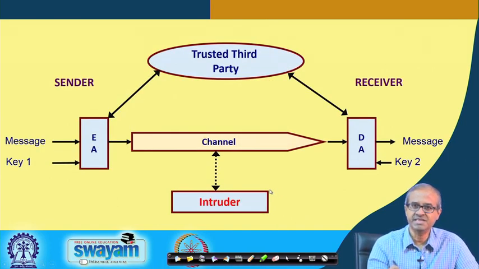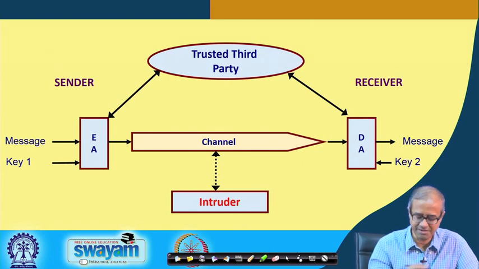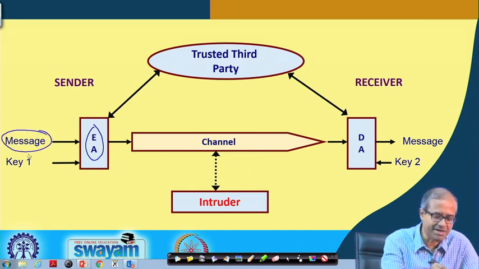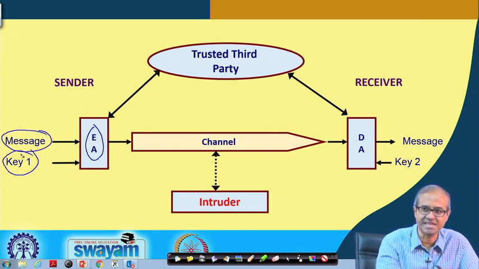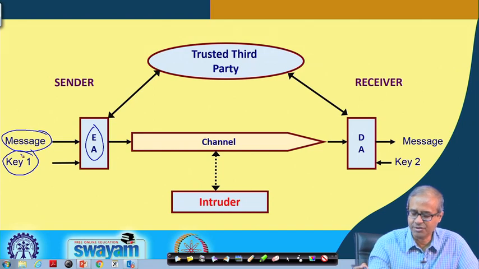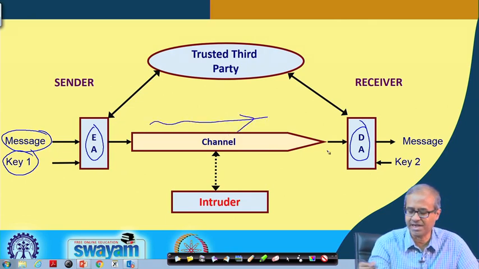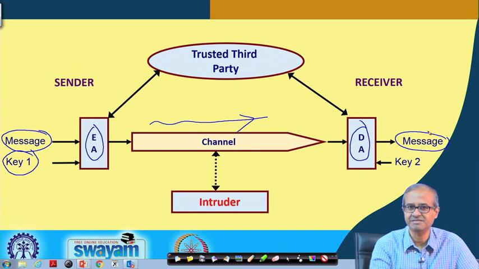This is the general model of encryption decryption. As I told you, there will be some encryption algorithm where a message will get encrypted using some secret key, and on the other side there will be a decryption algorithm where this message, which is coming in an encrypted form, will get decrypted back into the message using some key.